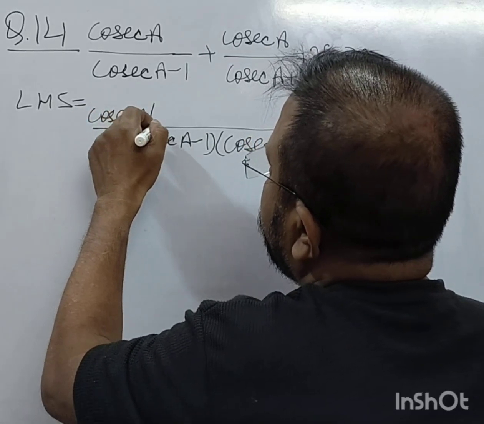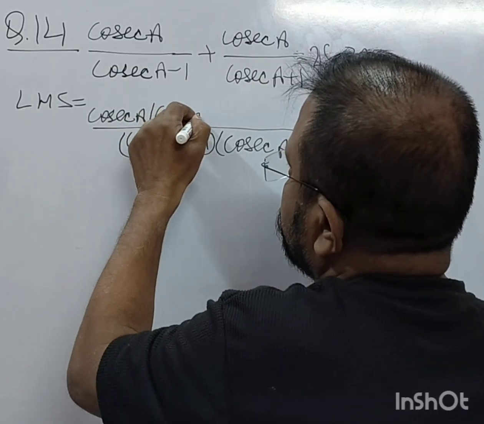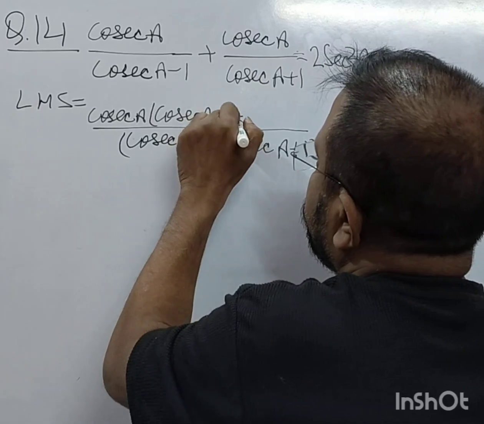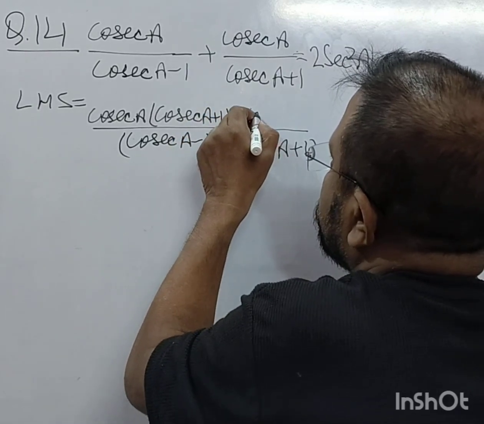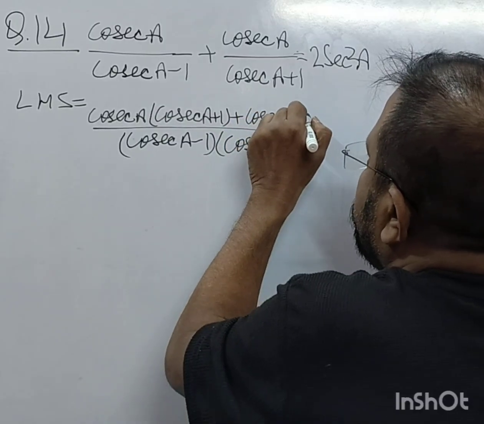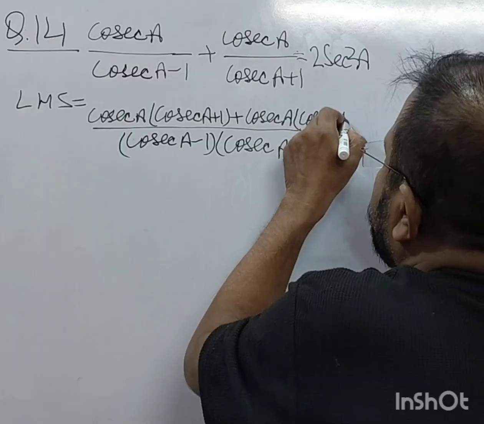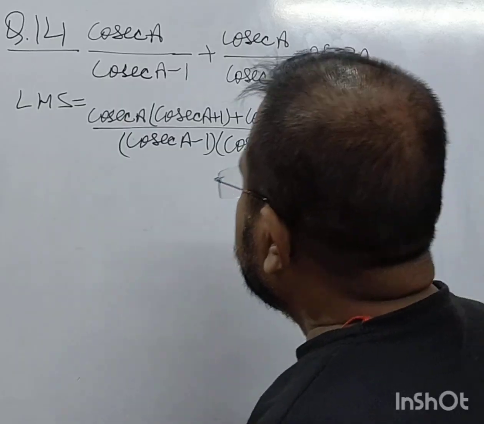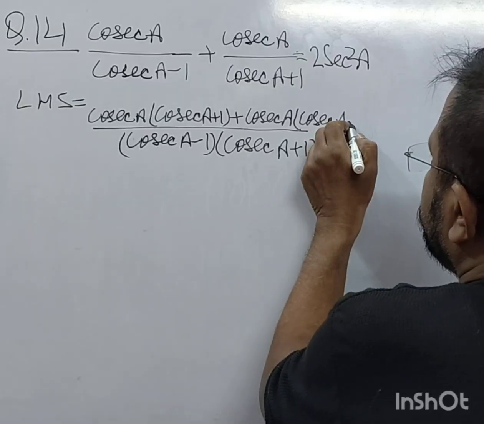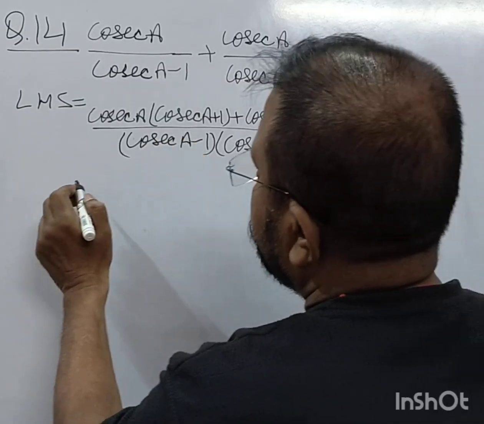Cosec A bracket cosec A plus 1 plus cosec A bracket cosec A minus 1, right?